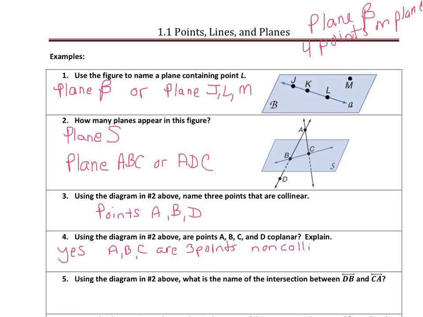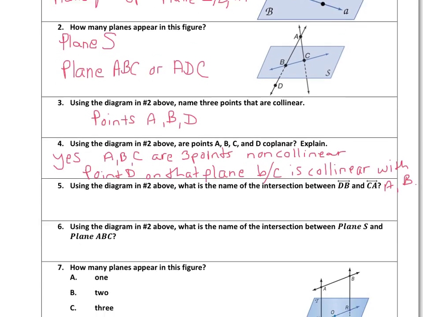And we can say that point D is on that plane because, and I hope you don't mind, but I'm going to abbreviate, point D is collinear with other points on that plane. I'm going to say A and B.